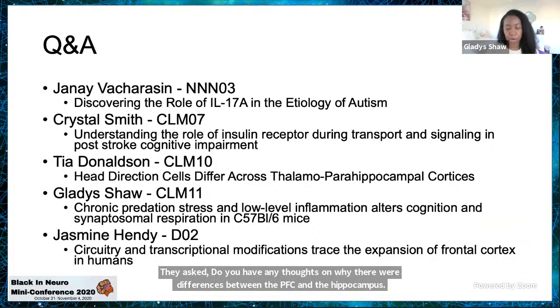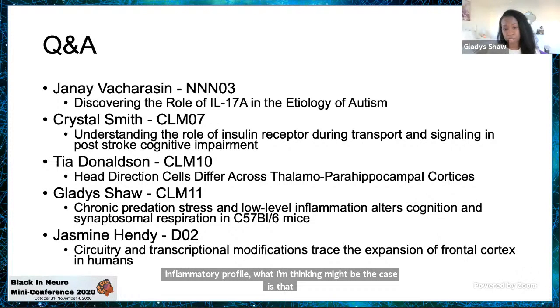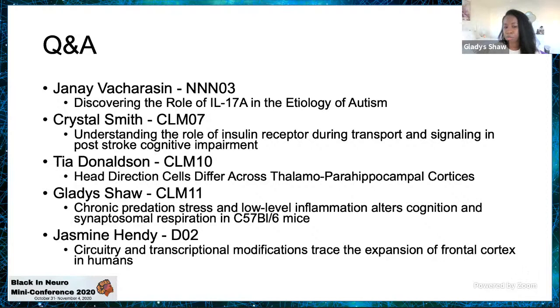Our main priority with this was to dysregulate the HPA axis and look at either the hippocampus or the amygdala. And since that does have some feedback to the PFC, I would assume that it would have to have high enough salience of the stressor and the inflammatory profile to show results there.